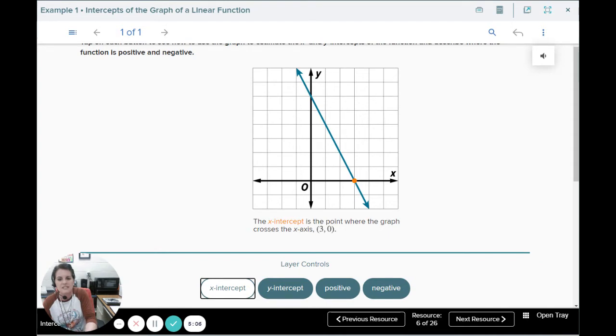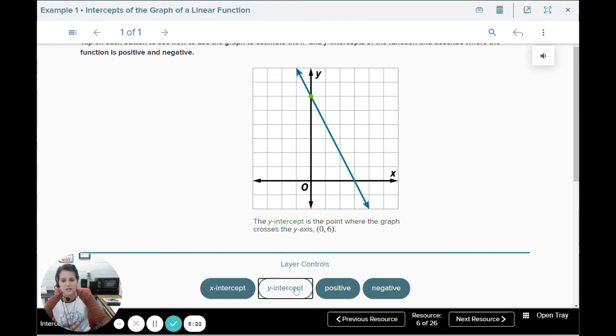My x is at 0, and then I come up to 6, so the y is 6. Over here, I came over 3. The x coordinate is at 3. I went up or down 0, so my y coordinate is 0. So we have our x-intercept, we have our y-intercept.